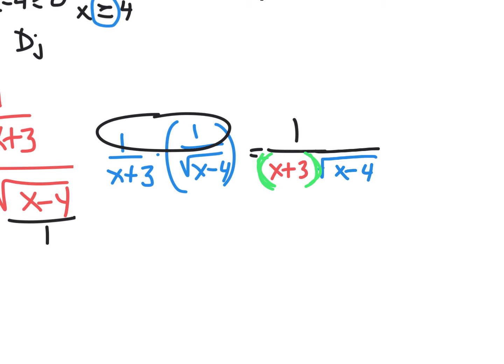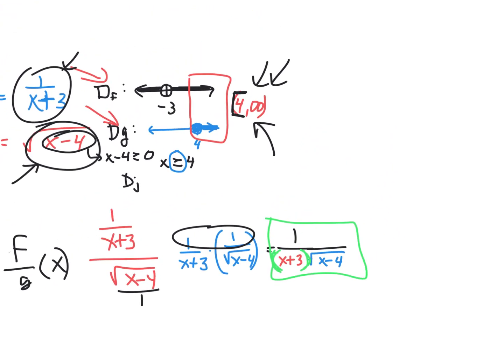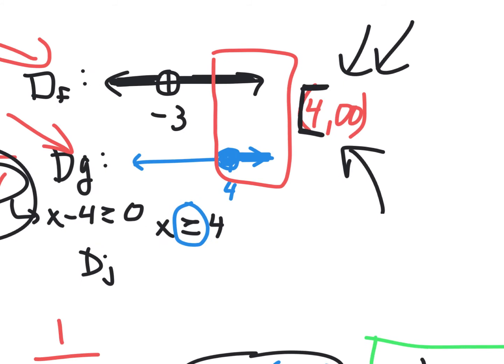Okay, now that's my answer, but what's its domain? Didn't you just say a second ago that you could just take the two domains and see where they intersect? Yes, except when you divide them. When you divide them, you have one last thing to figure.